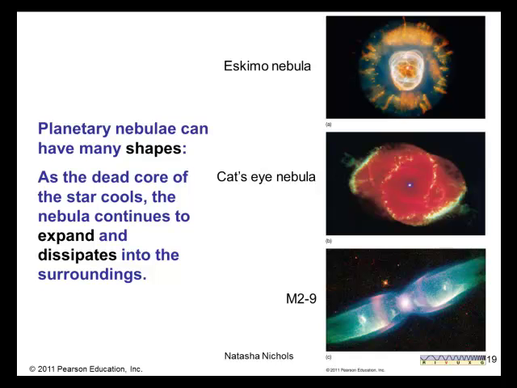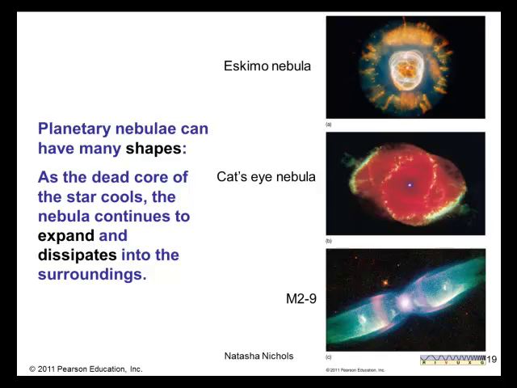Frame B shows the Cat's Eye Nebula, about 1,000 parsecs away and 0.1 parsecs across. It is an example of a much more complex planetary nebula, and it was possibly produced by a pair of binary stars that have both shed envelopes.